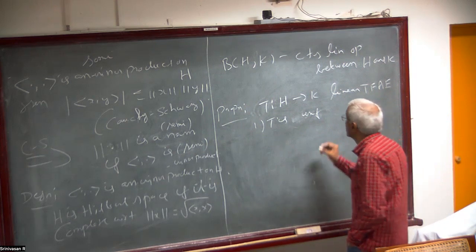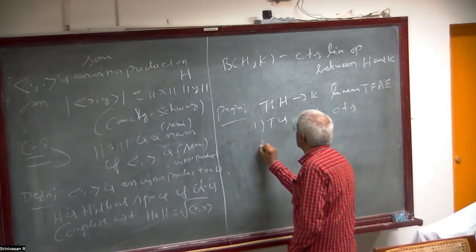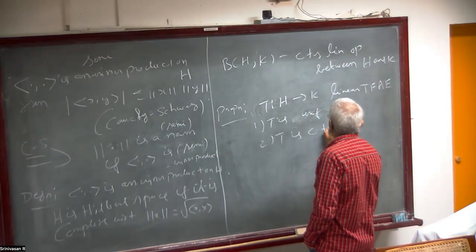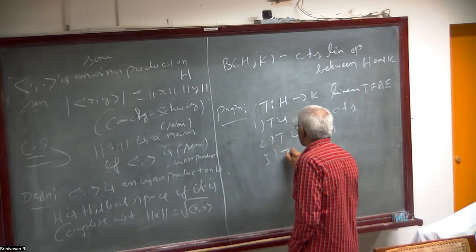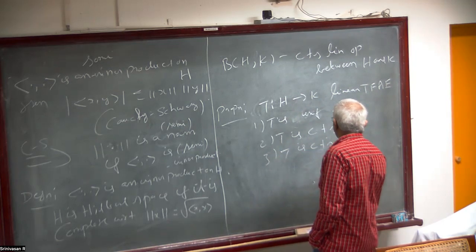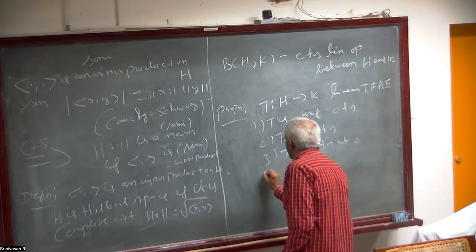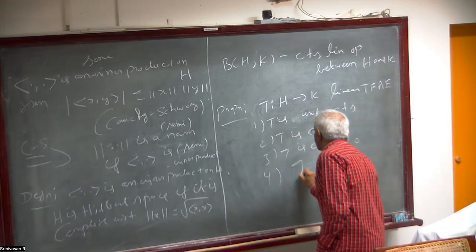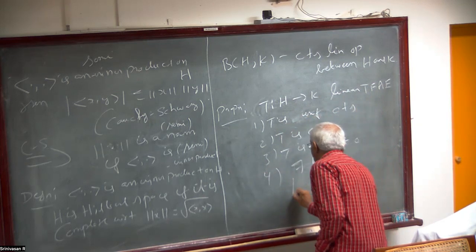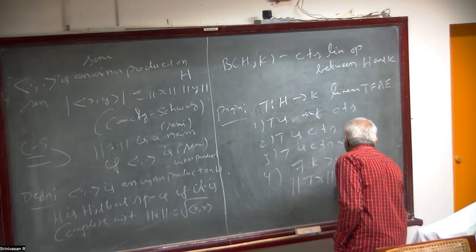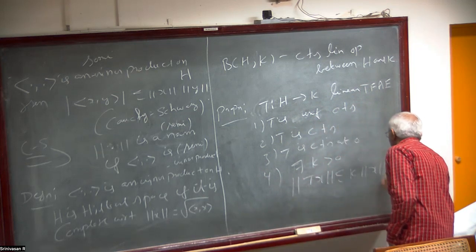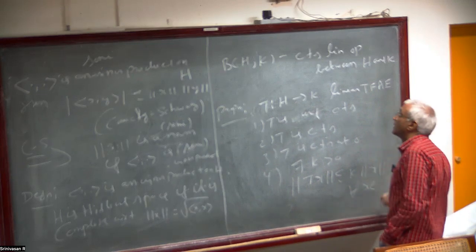One, T is uniformly continuous. Two, T is continuous. Three, T is continuous at any point, or T is continuous at 0. Four, there exists K such that norm Tx is less than or equal to K times norm x for all x in H.